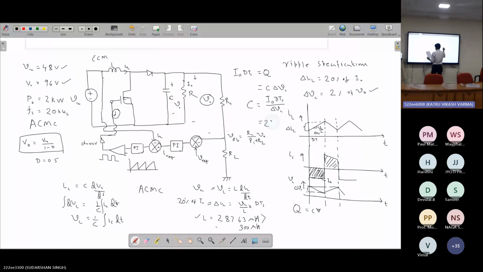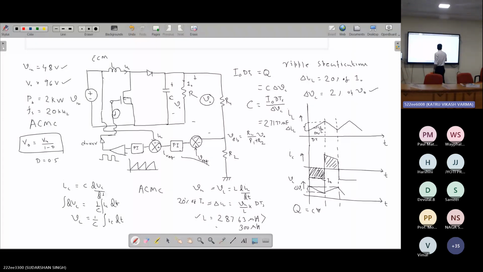271 microfarad. But you also know that it is not possible to get that exact value because capacitors, when you go to the market, have some specific values.